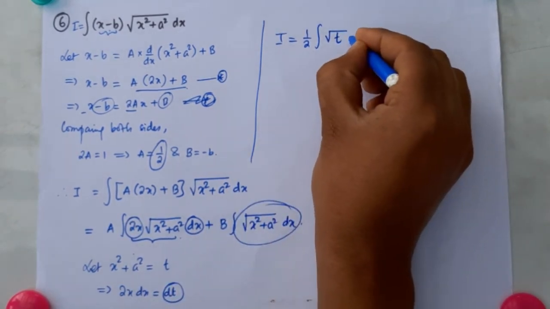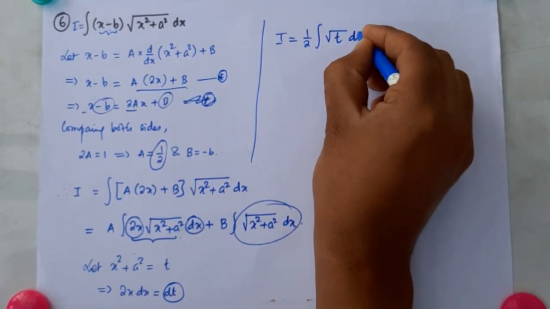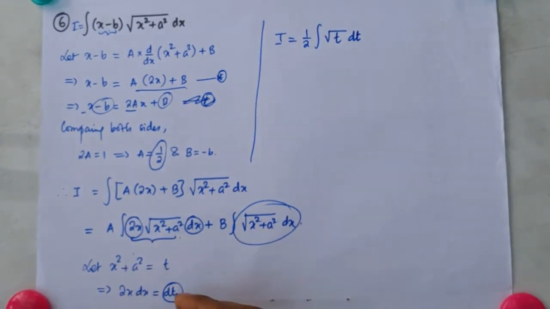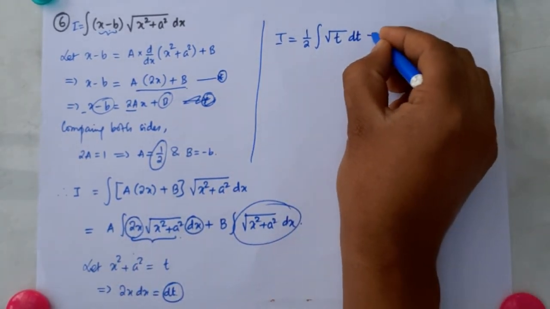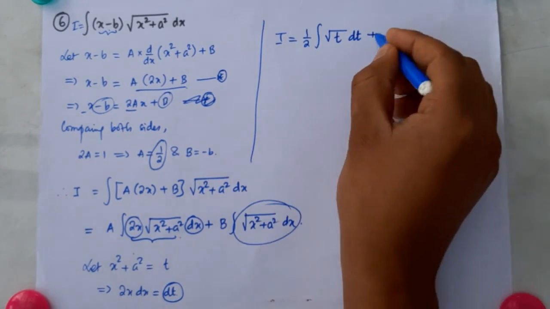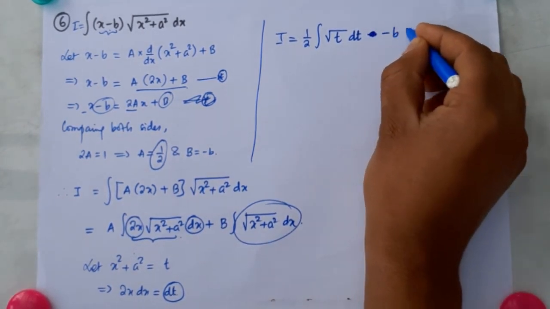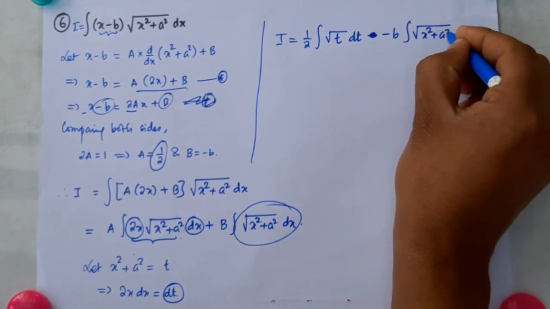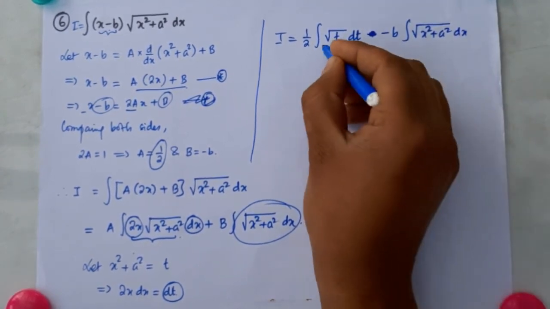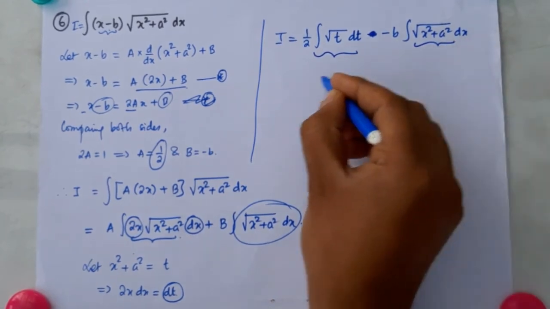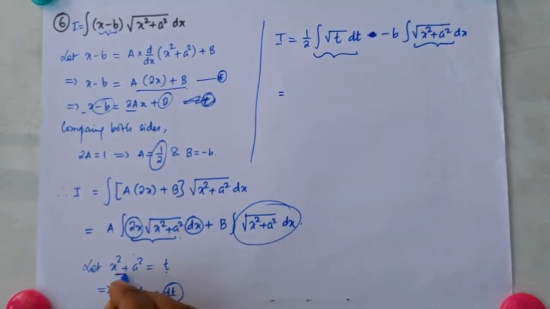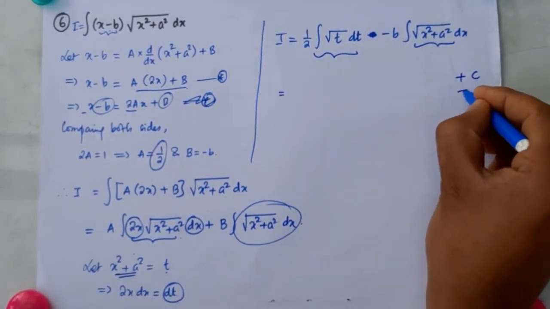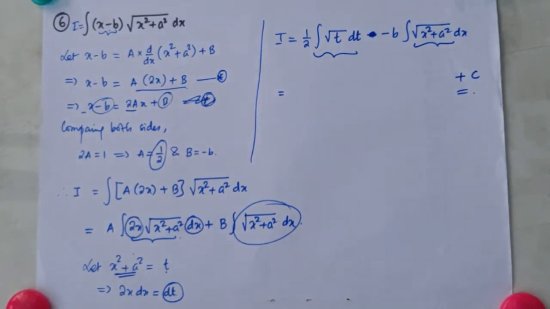So this is square root of t dt, isn't it? So instead of these two I have written dt, plus, b is actually minus b, so that's why minus b, we have got square root of x square plus a square dx. Now your work is easy. Do this, and after that substitute the value of t to be this much and put a constant of integration. That will give you your answer for this particular question.